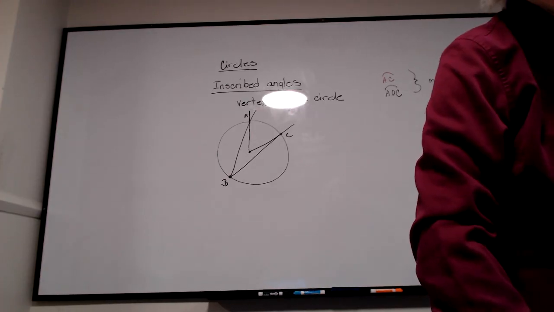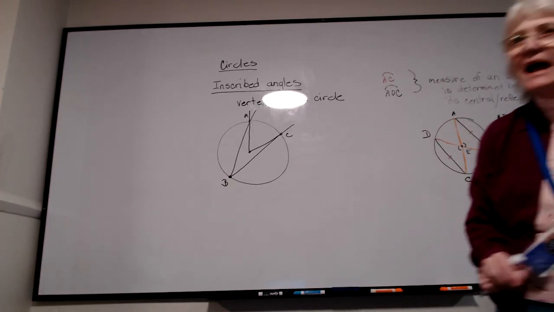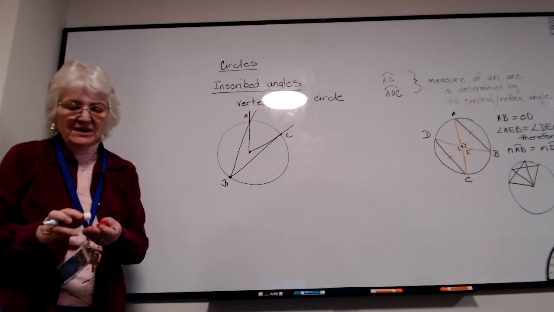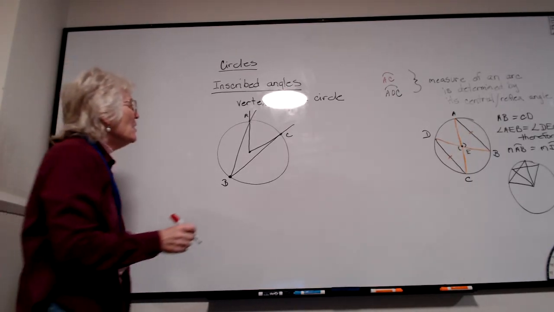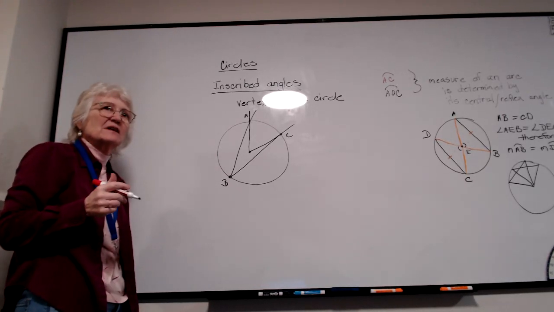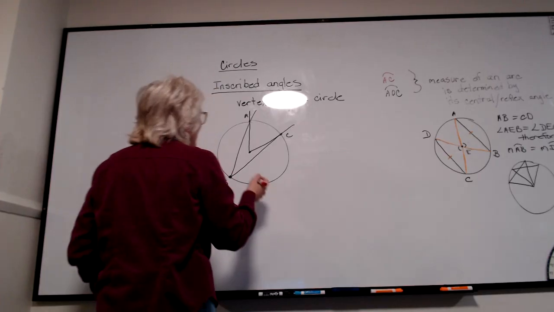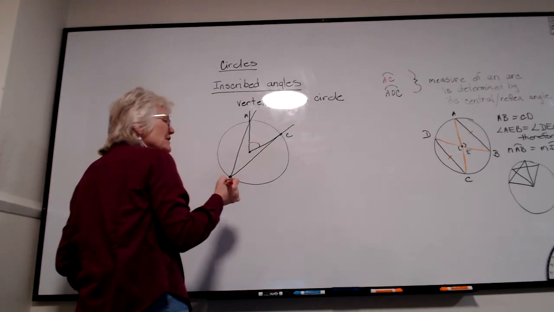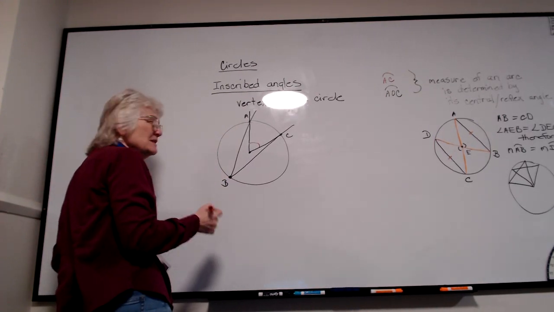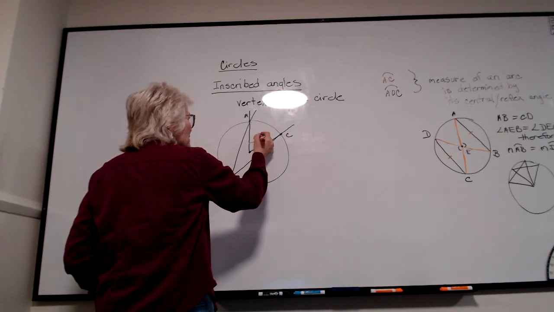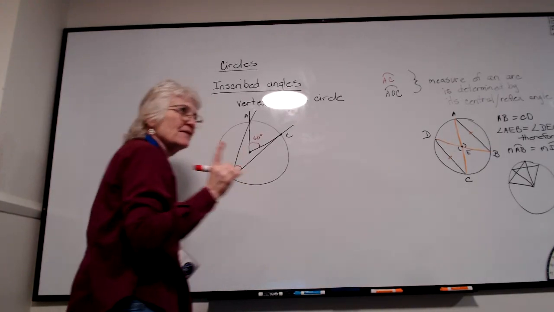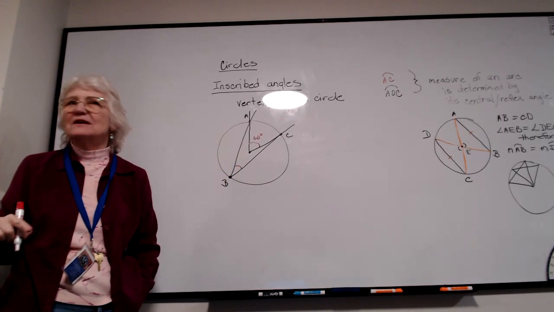What's very interesting, I'm not going to go through the proof for it, but basically you're getting similar triangles. Out of here you can get similar triangles. Actually, we're dilating, we're making it thinner. It's a dilation of it. So if I know the measure of the central angle, let's say it is 60 degrees, the inscribed angle is exactly half of that central angle.